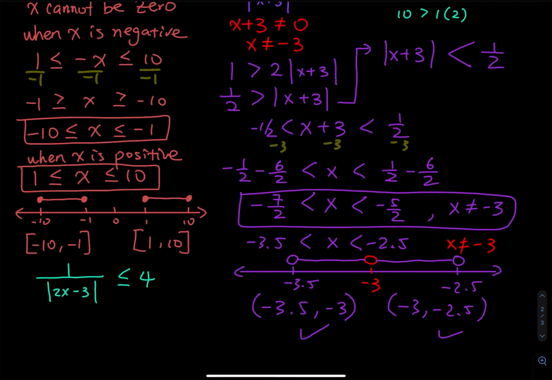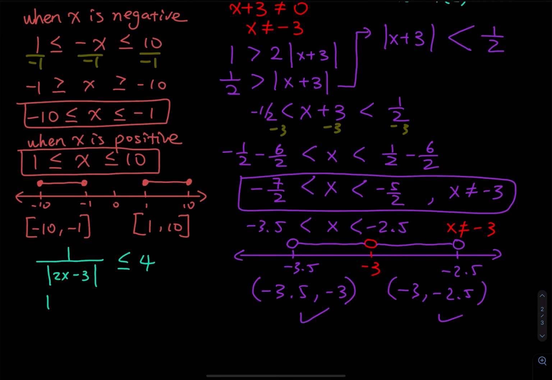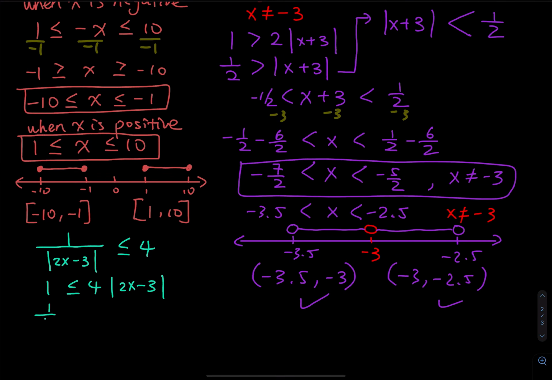First of all, like the previous problem, multiply the absolute value on both sides, 1 less than or equal to 4 times the absolute value, because I want to let the absolute value stand on one side alone. Divide 4 on both sides, you have this 2x minus 3.